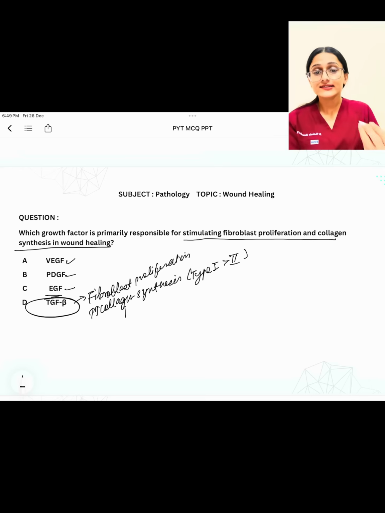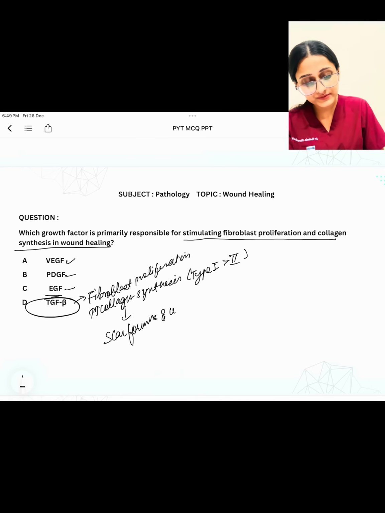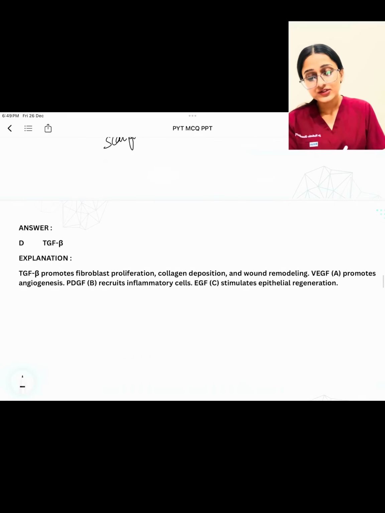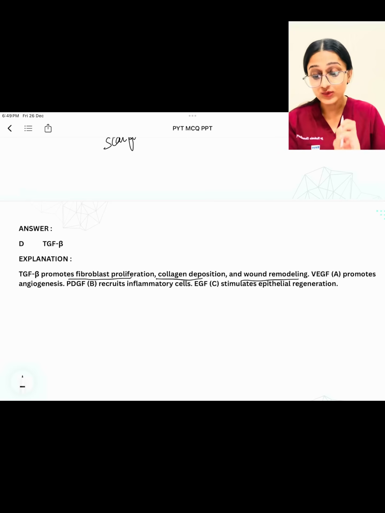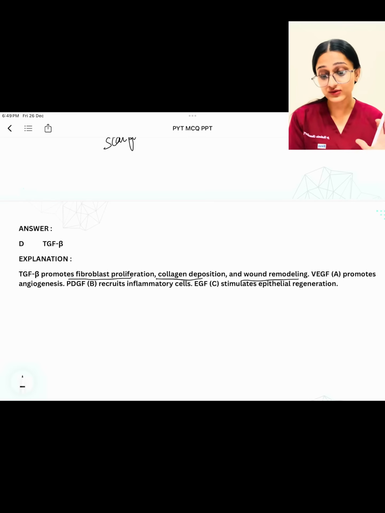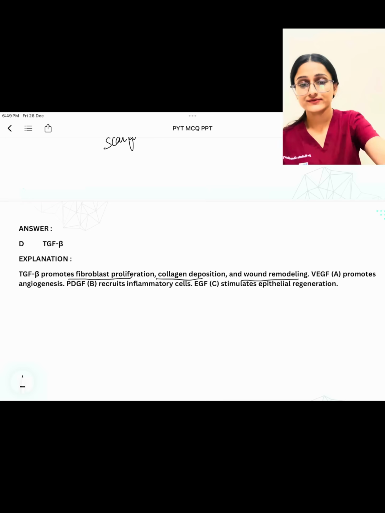And finally it helps in scar formation and wound healing. So this is the concept for TGF beta: it promotes fibroblast proliferation, collagen deposition, and wound remodeling. And what about VEGF? VEGF promotes angiogenesis, new blood vessels. PDGF recruits inflammatory cells, and EGF stimulates epithelial regeneration.